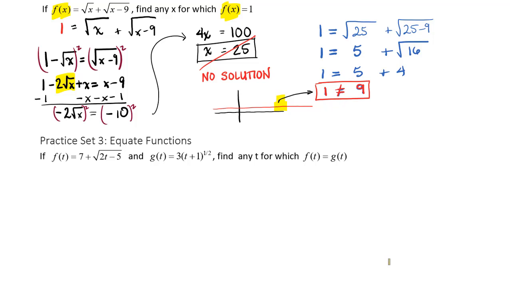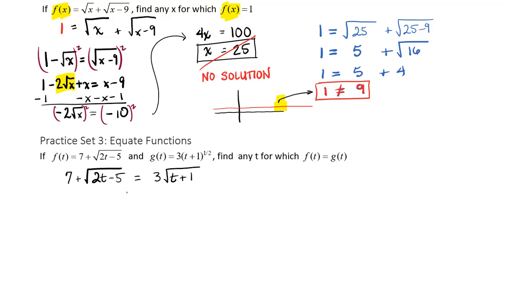Well, that means we're going to equate the functions or set them equal to each other. 7 plus the square root of 2t minus 5 is equal to 3 times the square root of t plus 1.